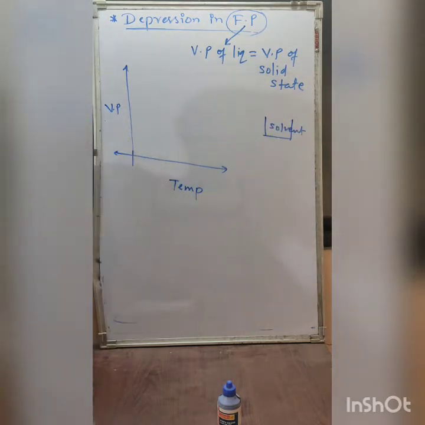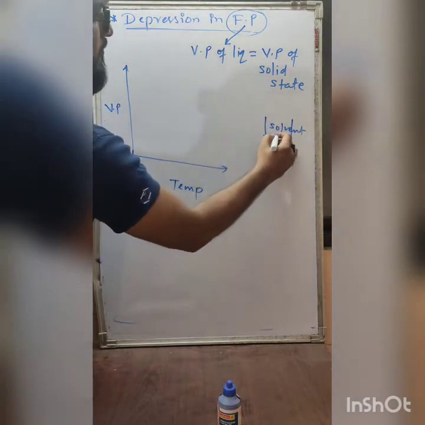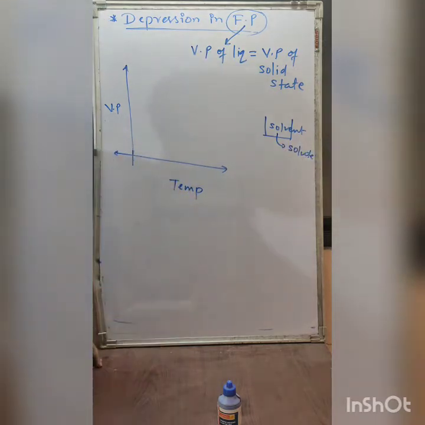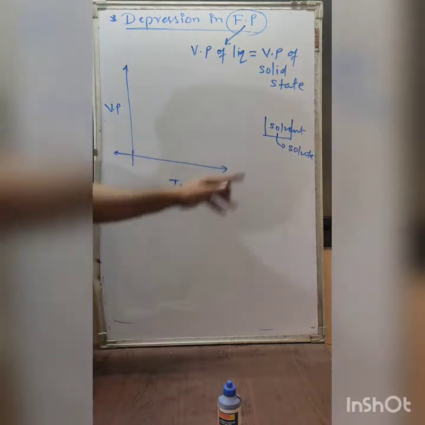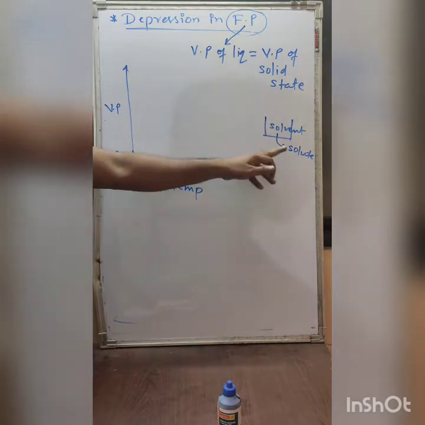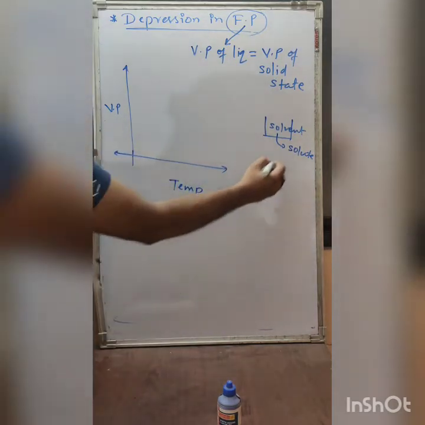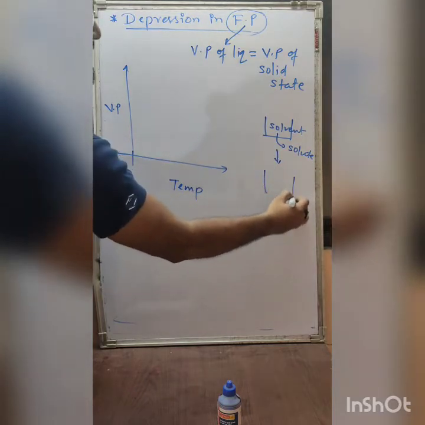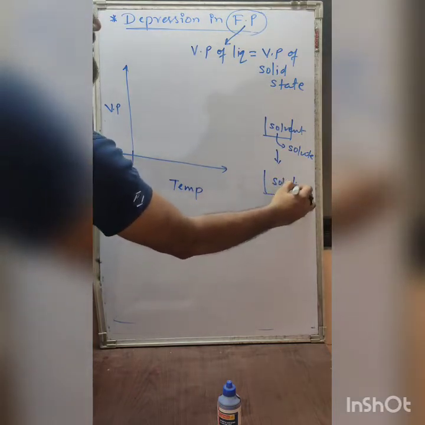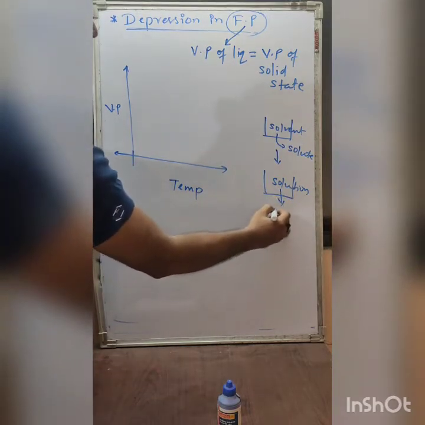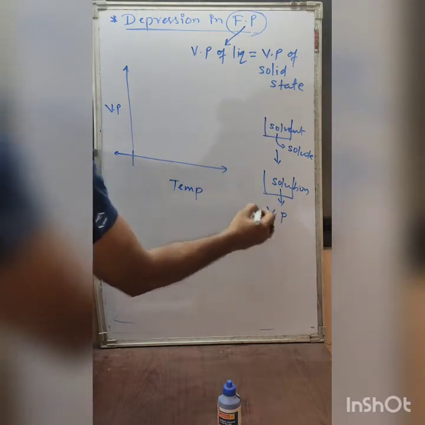This solvent is volatile, and in this solvent we have added a non-volatile solid. This forms a solution, and in the solution there is a decrease in vapor pressure.